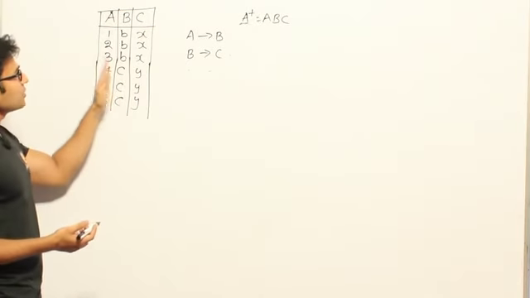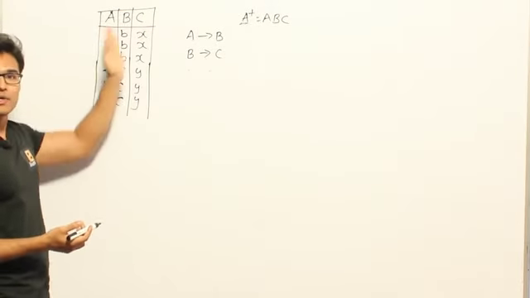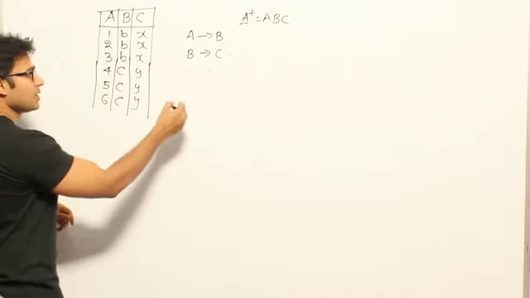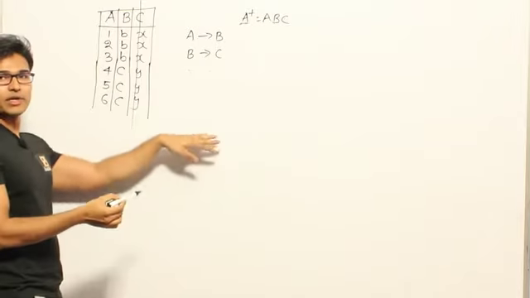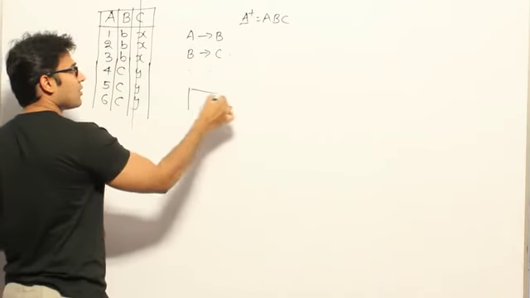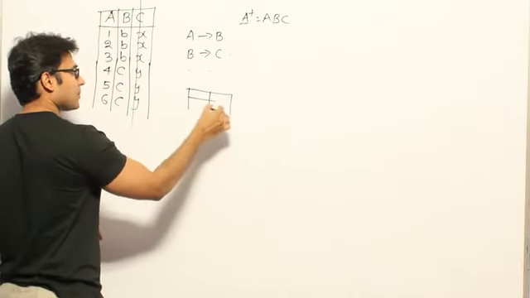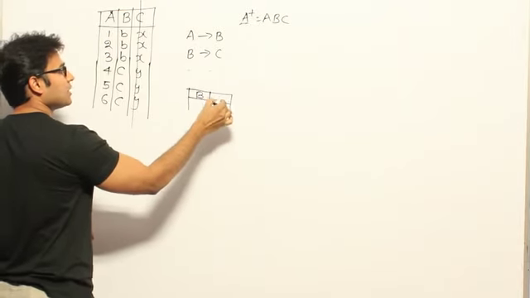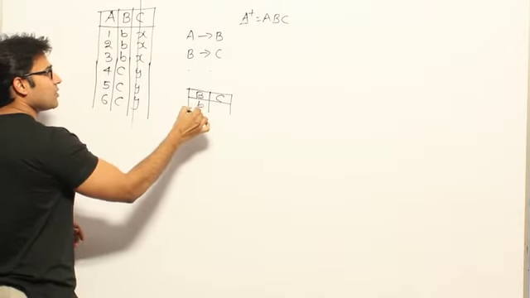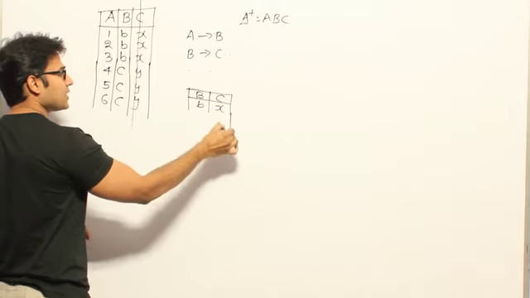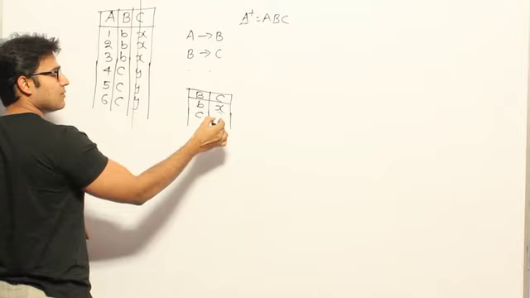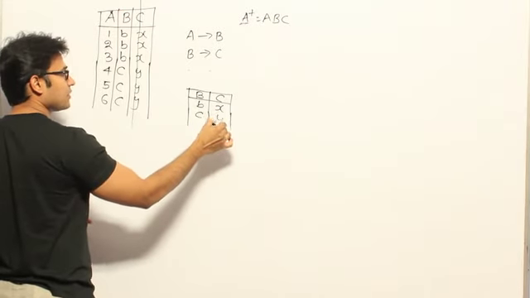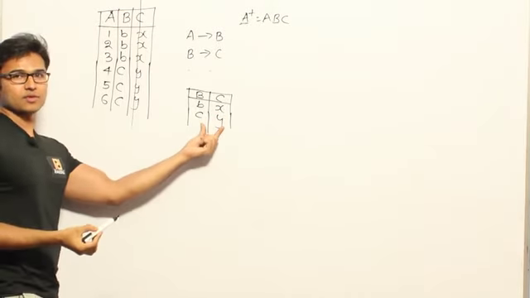The better way would have been keeping A and B and C separately. So instead of having it here, remove it and create a small other table that will just contain B and C values. For the value small b, the value of C is X, and for the value small c of B, the value of C is Y. It is enough. Got it?